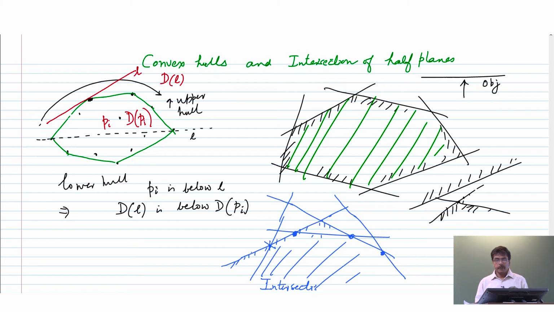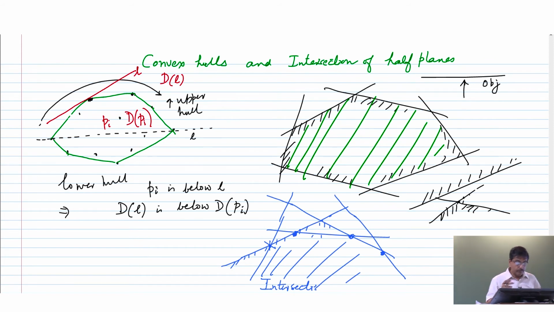Each corner point of this is an intersection of two lines, right. The two lines are coming from the points, basically those are duals of points.